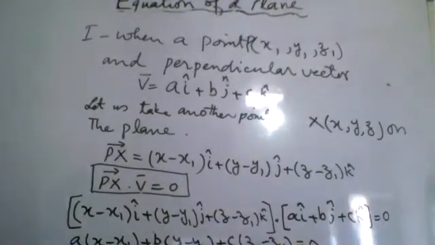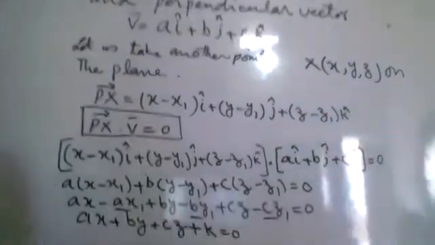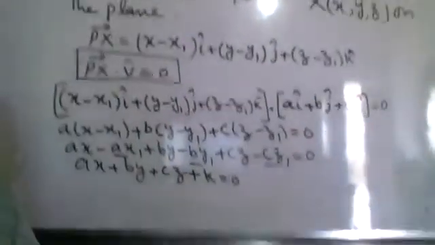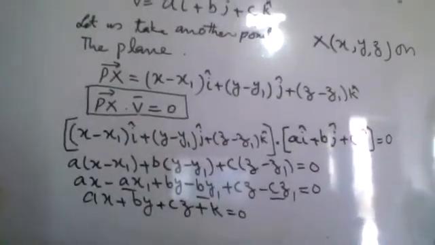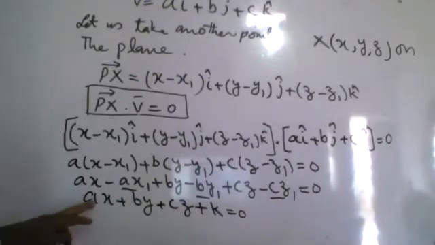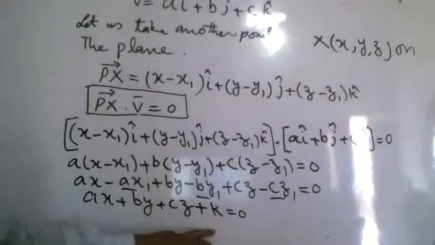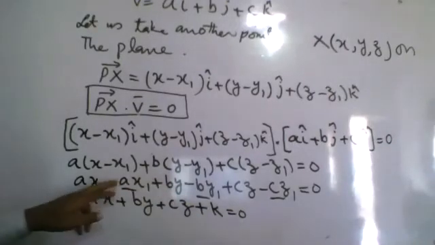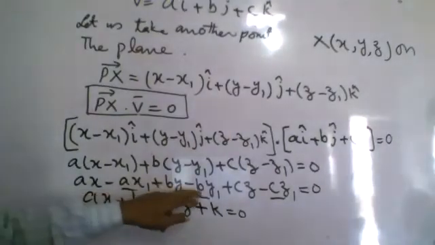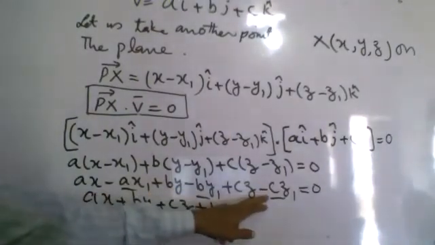In this way, we will find the equation of the plane. It is ax plus by plus cz plus k. K is some constant, which is the sum of minus ax1 minus by1 minus cz1.